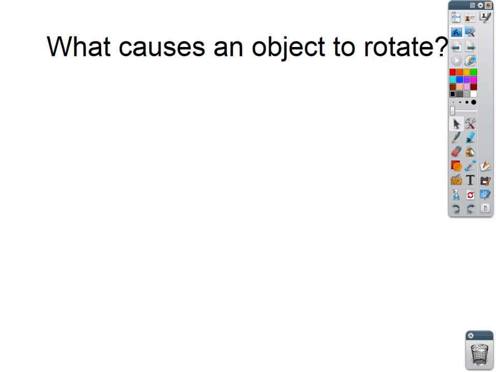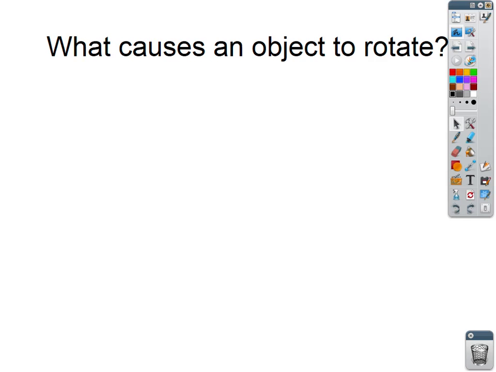We're going to define this idea of torque and then look at it in a static equilibrium situation where there is actually no rotation, where the torques on opposite sides are balancing each other. In the next video, we will look at what happens when those torques don't balance each other and the object does begin to rotate.